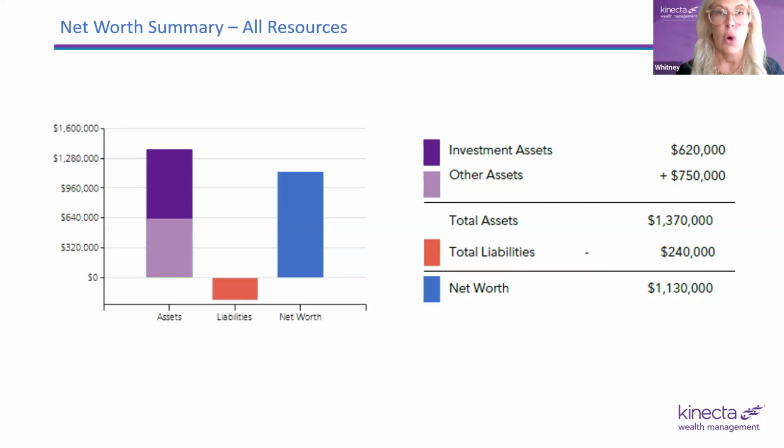The market value of their home is not factored into any of the cash flow analysis. That's just something to show total net worth. They do have liabilities, which include a mortgage and a little bit of consumer debt, about 240,000. So when we take their assets minus liabilities, they've got about 1,130,000 in net worth.